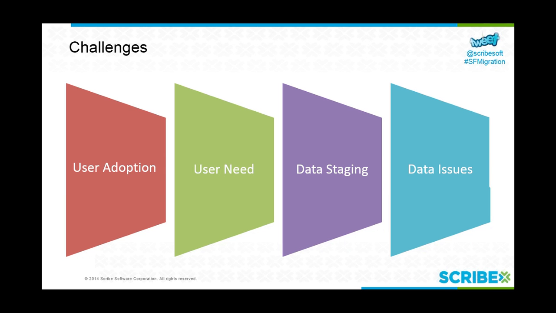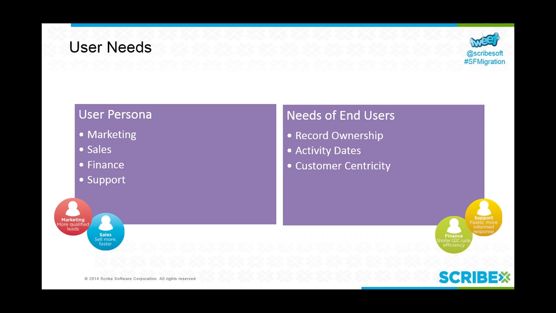And then the fourth one is data issues. Again, Pierre will touch on things to consider when managing, for example, parent-child relationships or activity migrations and attachments. But first, we will go into user adoption.